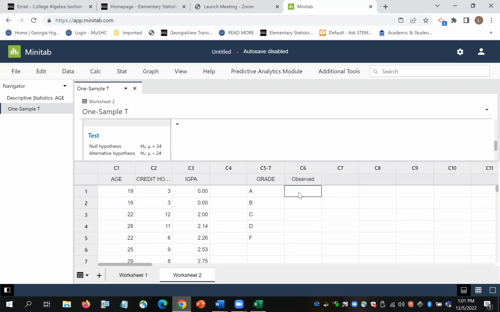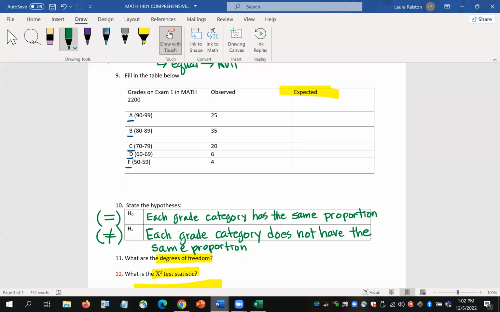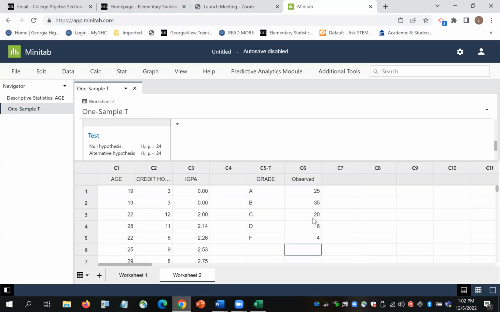So there were 25 A's, 35 B's, 20 C's, 6 D's, and 4 F's. So I basically took the information off of the paper and entered it into Minitab.